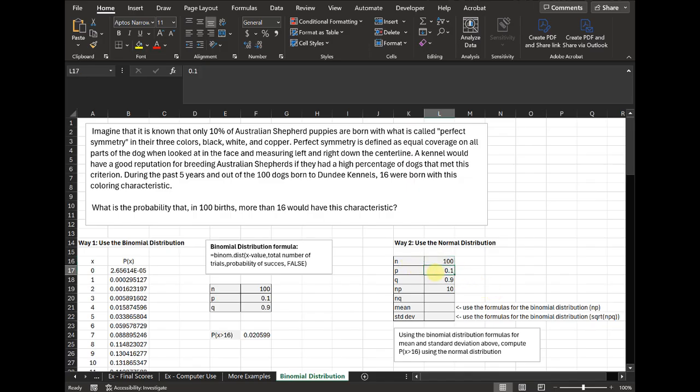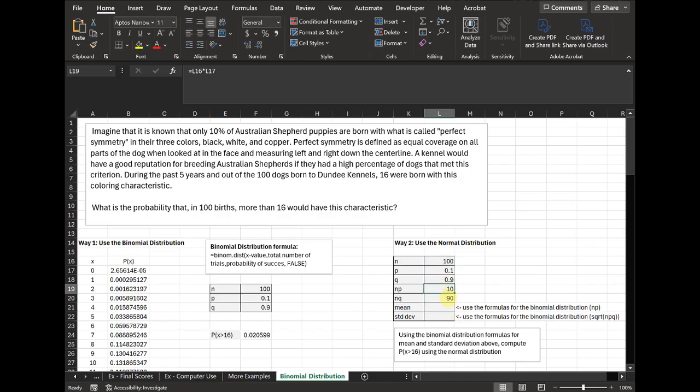My n is still 100, my p is still 0.1, my q is 0.9. Now, you aren't allowed to use this unless n times p and n times q are greater than 5. You can see n times p is 10, and if I check, n times q is 90.